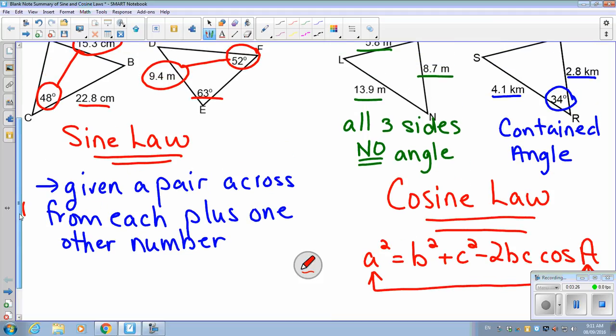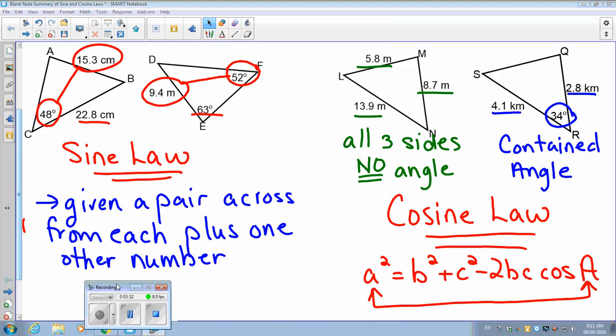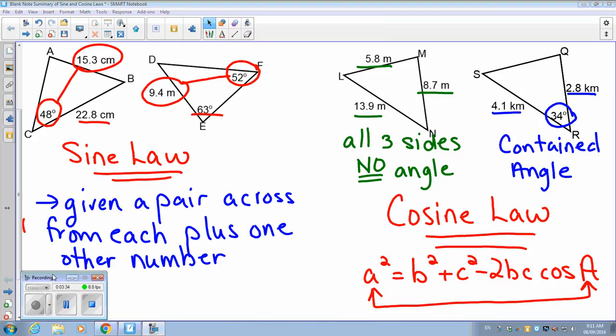So if I went back to my picture up here, if I know angle R, I'd be able to figure out side R using the cosine law.